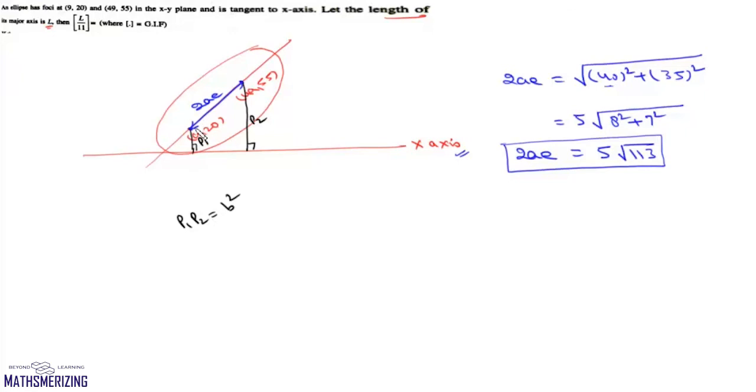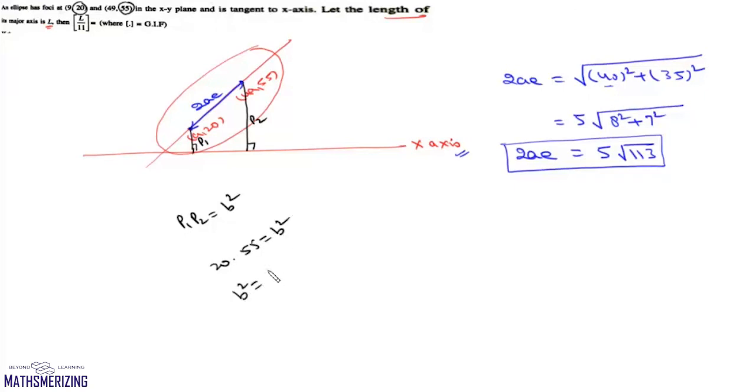Now what is P1? P1 is the perpendicular distance of this point from x-axis. So the perpendicular distance of any point from x-axis is equal to the modulus value of its y-coordinate, which in this case is 20 and 55. So P1 and P2 are 20 and 55 respectively. So it will be 20 into 55, and that's equal to b square.